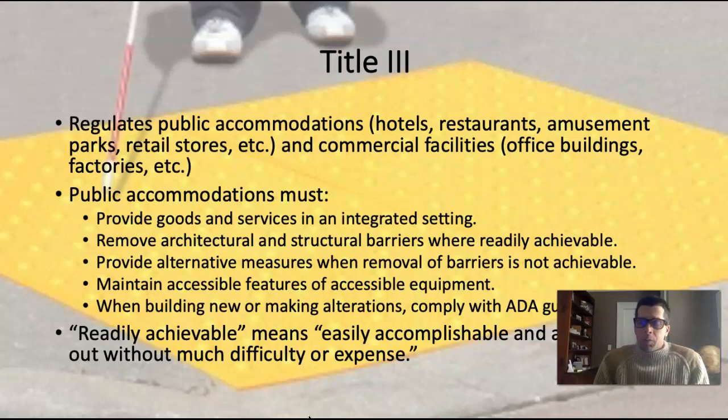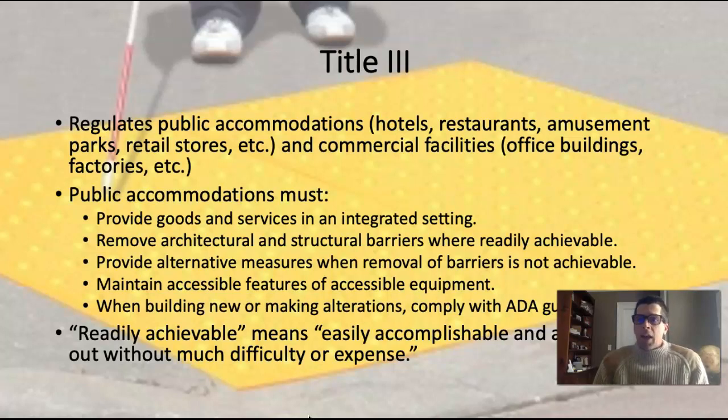When readily achievable, and we'll talk about what that means, you're supposed to remove architectural and structural barriers. Okay? If that's not possible, you're supposed to provide some sort of alternative measure. If you have accessible equipment, soap dispensers, automatic door openers, whatever the case may be, you're supposed to keep those maintained.